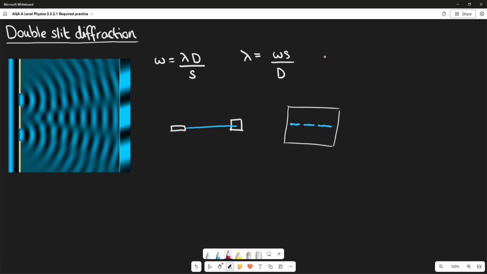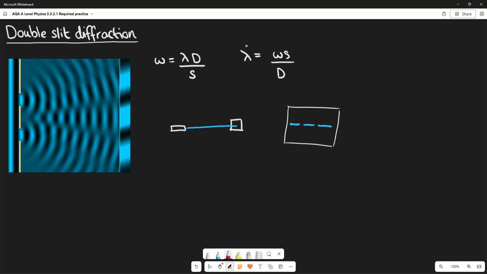The way that this experiment can work is essentially there are four variables. Two of them are fixed by the equipment that you have available at your school. Depending upon the budget of your department, you may only have one laser and one double slit.